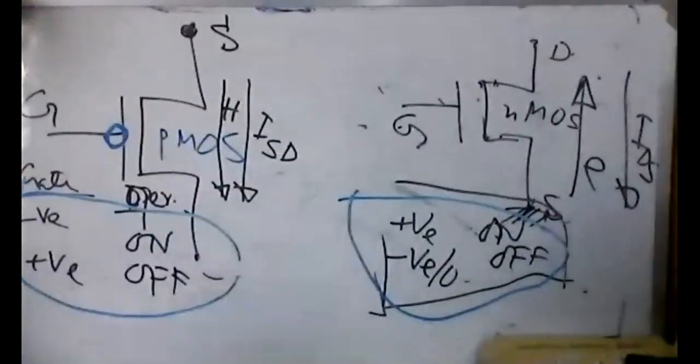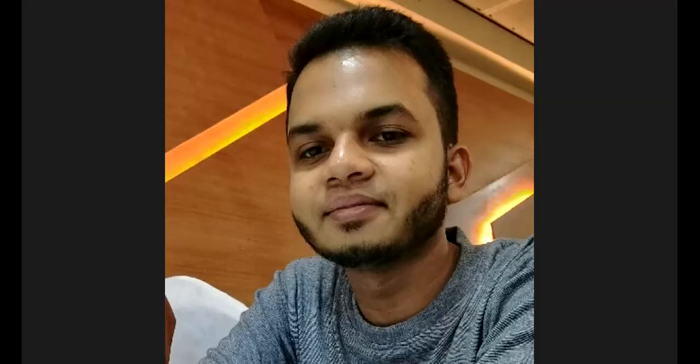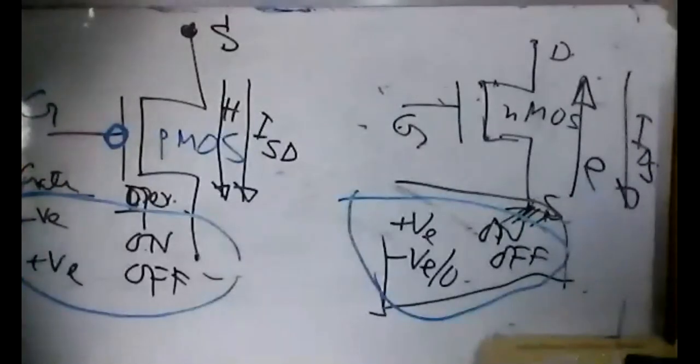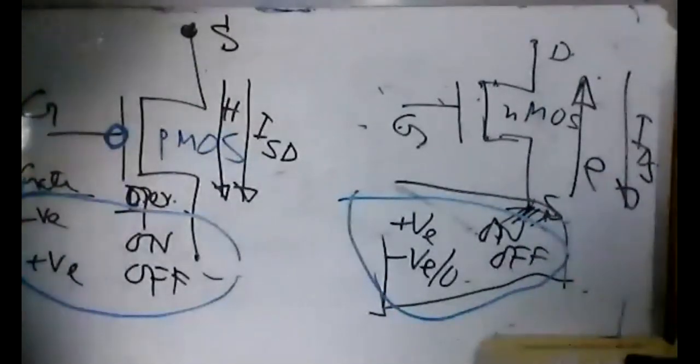We need to know this clearly, because from next class we will design an inverter, NAND gate, AND gate, all kinds of gates by using these two MOS.